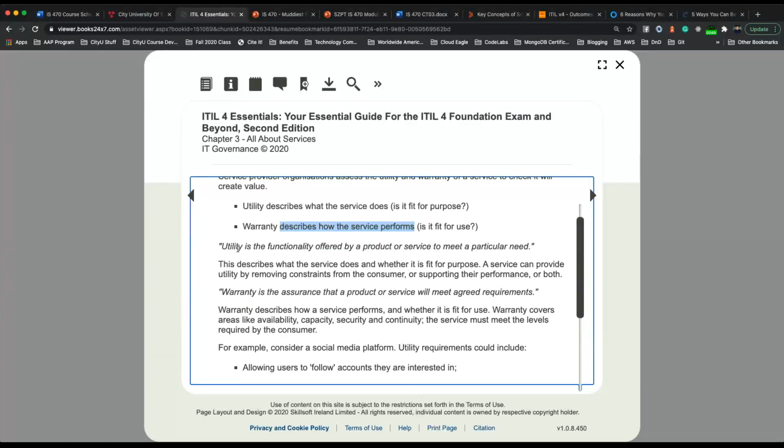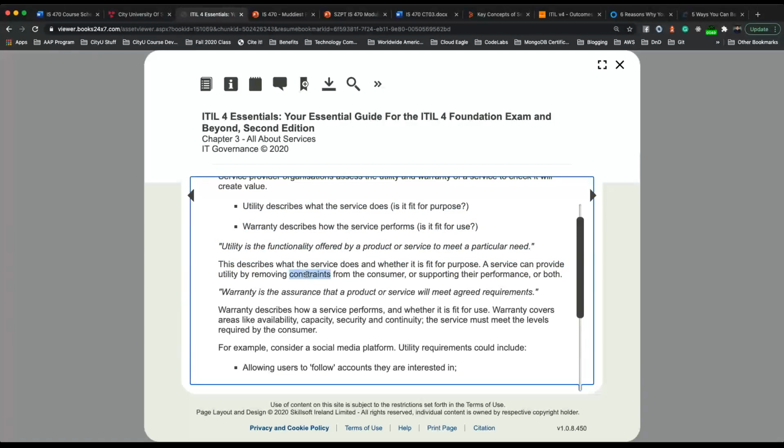Okay, so utility is the functionality offered by a product or service to meet a particular need. So this would describe whether it is fit for purpose. A service can provide utility by removing constraints from the consumer or supporting their performance or both.